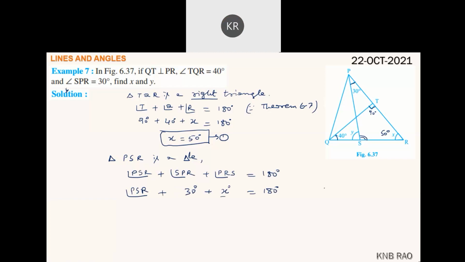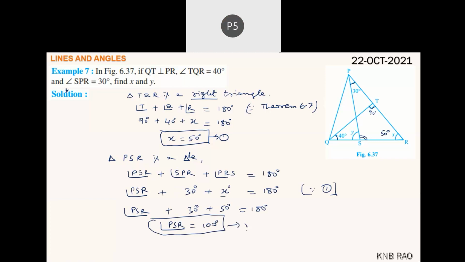Angle PSR we don't know. Substituting, 30 plus 50 is 80, so angle PSR equals 100 degrees. The moment angle PSR is 100 degrees, y is equal to 80 degrees.